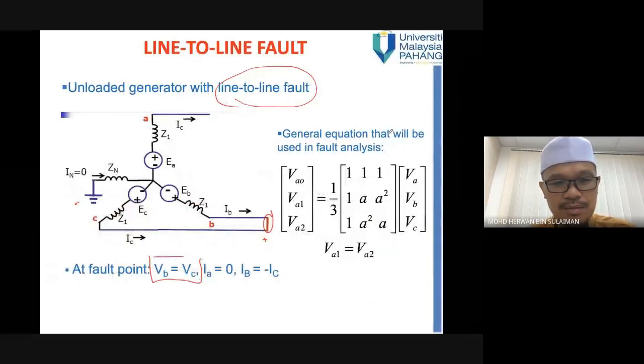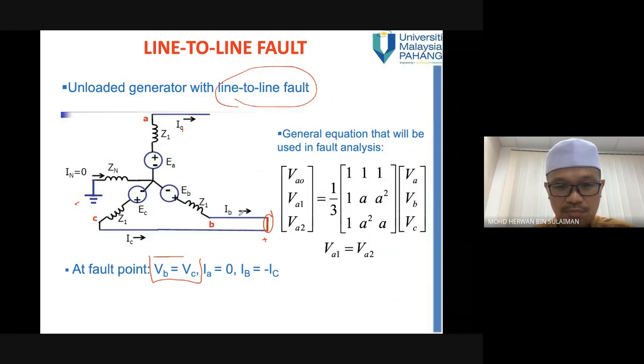But the current here, when you have a short, remember the current will try to seek the shortest path to ground. So basically, you can see it here. This one is not IC, this one is IA. So IA becomes 0 because the current is flowing here, right?